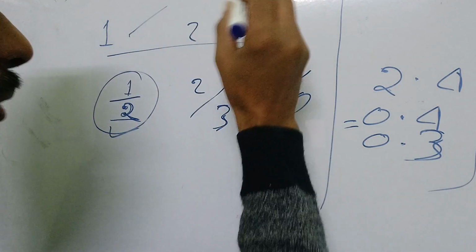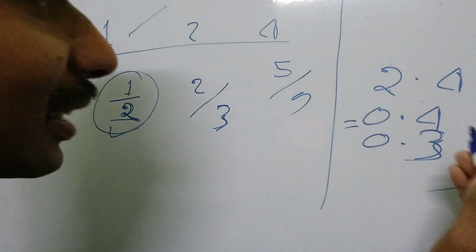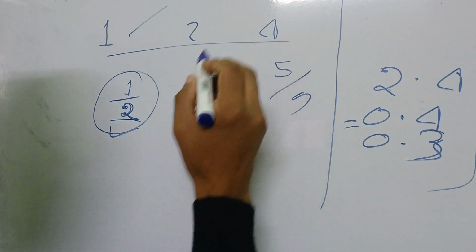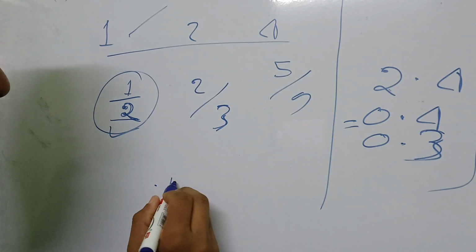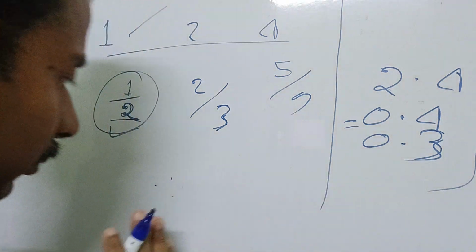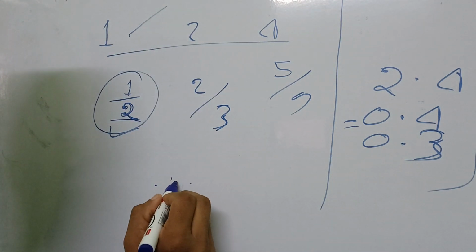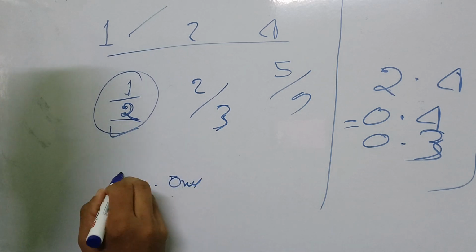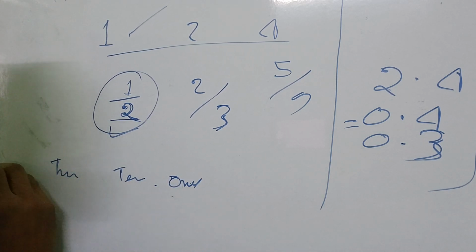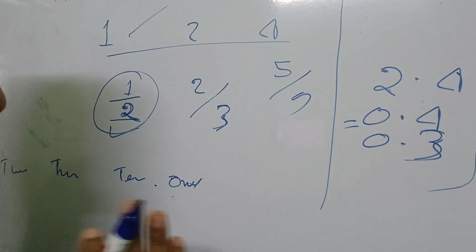In our mother tongue, ekok, dashok, shatok, hajar. After the decimal point, we count in this way: tenth, then hundredth. Before the decimal: ones, tens, hundreds, thousands, 10,000s. In this way, we count.